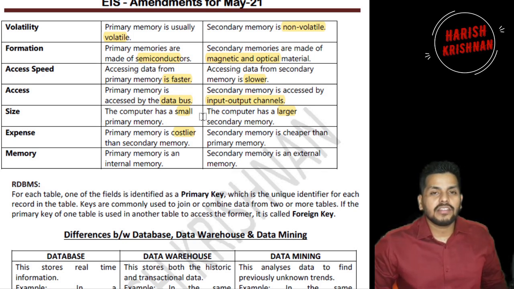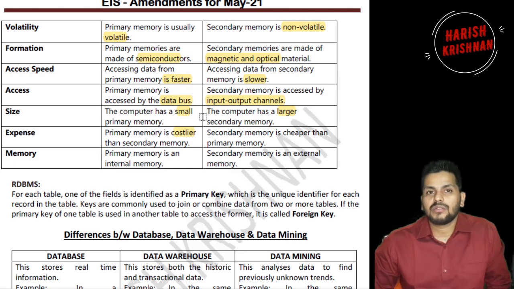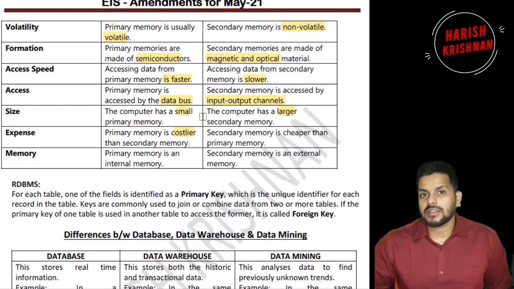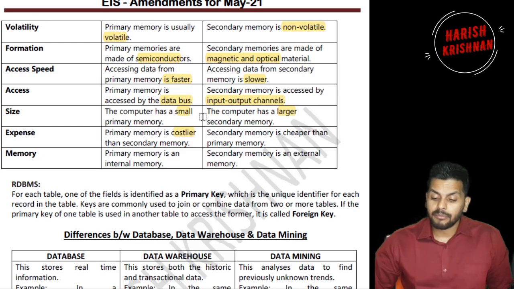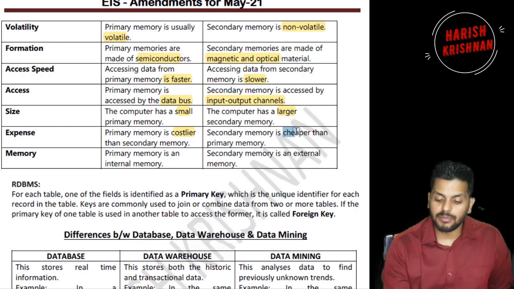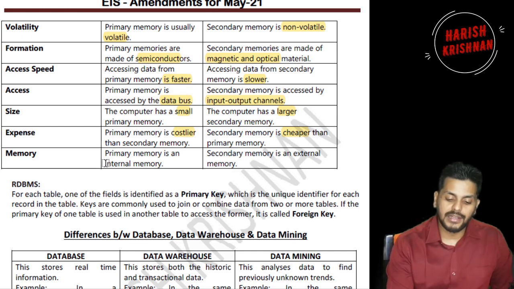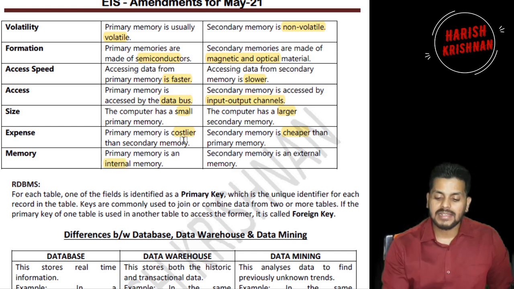A 16 GB pen drive is available for 200, 300 rupees. Of course, different brands, but a 1 TB hard disk is coming anywhere between 3 to 4,000 rupees, even cheaper than that sometimes. So secondary memory is way cheaper than primary memory, and primary memory is an internal memory, while secondary memory is an external memory.